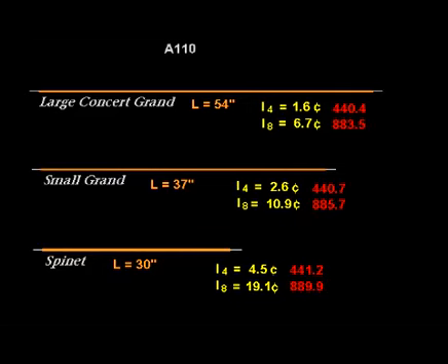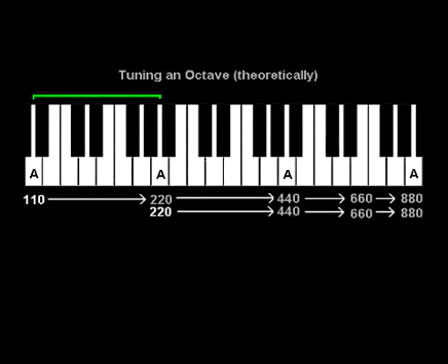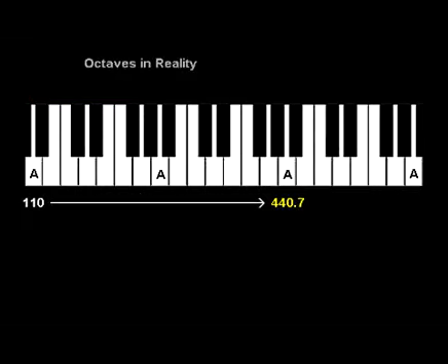In part 2, I said an octave interval is tuned so that all the partials coincide with each other, and there are no beats. But I also used the word theoretically. In reality, inharmonicity presents a problem here. The small grand string from a couple of slides ago has inharmonicity such that if you tune that A string at exactly 110 cycles per second, the 4th partial will vibrate at about 440.7.